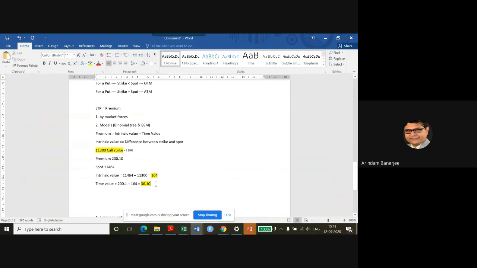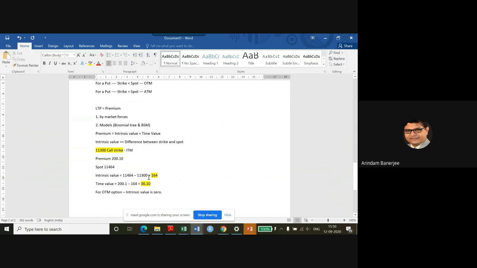Okay. Now for ITM, there is an intrinsic value, but for OTM options, intrinsic value is 0.